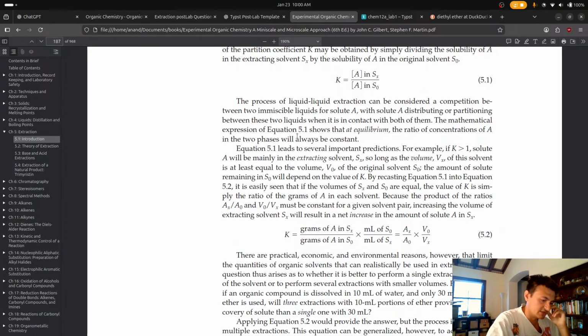And dissolved in, let's just say, 10 milliliters of diethyl ether. So the concentration is just going to be 1 gram per milliliter of benzoic acid in ether. Okay, that's cool.